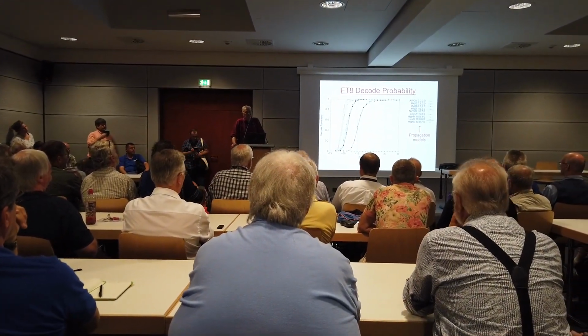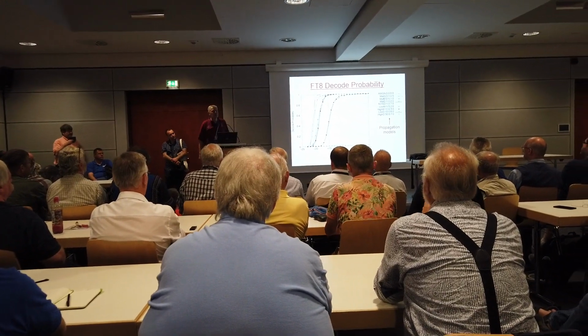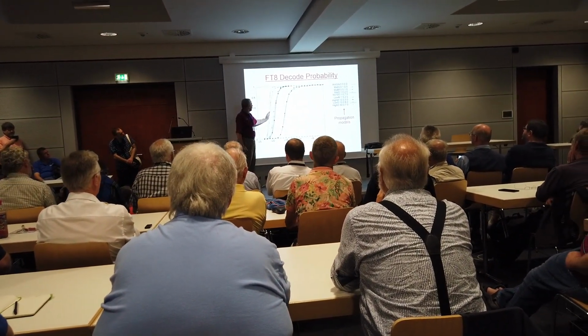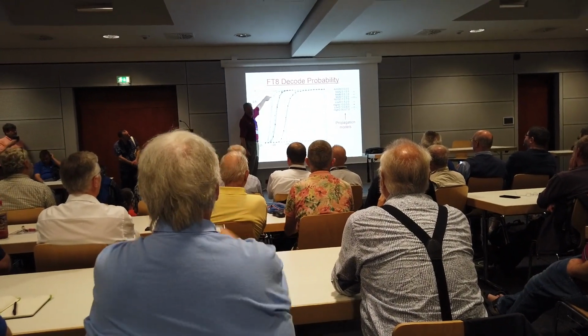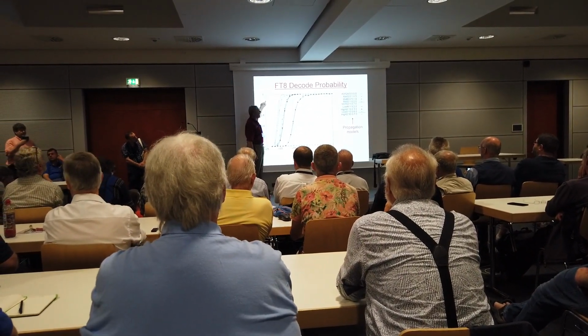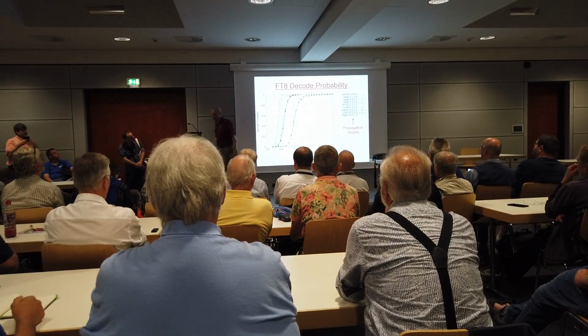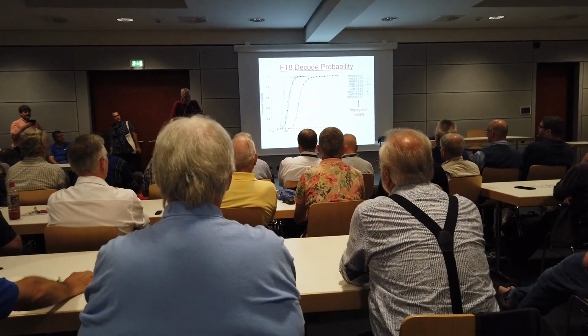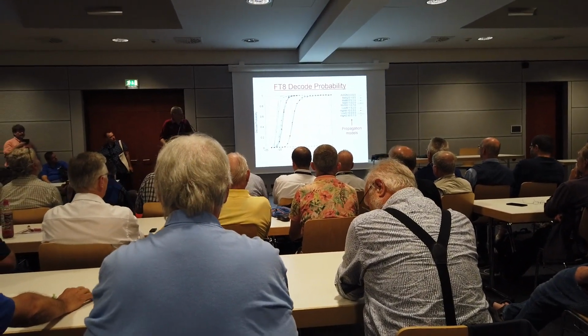If the signal is a little bit stronger than that, you'll almost certainly decode it because these curves are so vertical here. So a little bit stronger, even 1 dB more, and you have an 85 or 90% probability of decoding, and so forth. As the propagation conditions vary, the limits may be somewhat different.